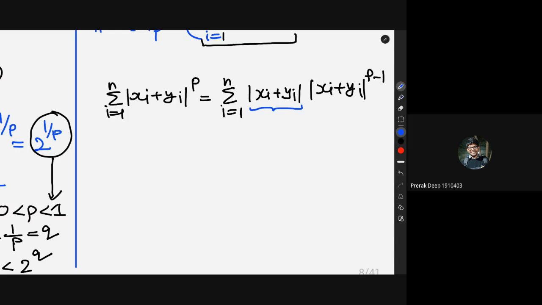So we already have a triangle inequality in this case. The idea is to use that triangle inequality. In particular, I am using the fact that the modulus of xi plus yi is smaller than or equal to this. So I'm using this fact to get this inequality.